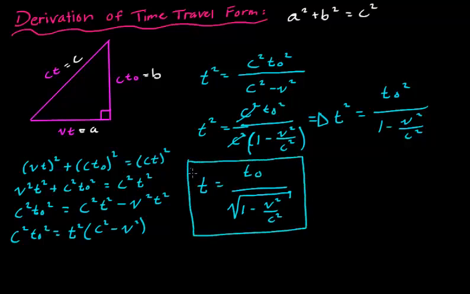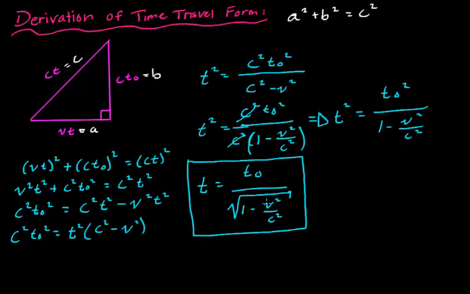Like I said, I'll show an example in another video, but the reason we did this weird factoring is because if we have a problem, for v, they're going to tell you an object moves at, or you're moving at, like 99% the speed of light. The way you express that is 0.99 c, so 0.99 times the speed of light.